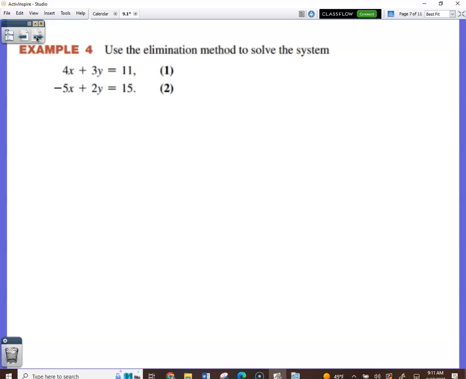You will notice that in the x's we have 4 and -5, and the y's we have 3 and 2. We do not have anything we can go ahead and proceed with, so this is where you have to think to yourself, find the LCM of each variable's coefficients.